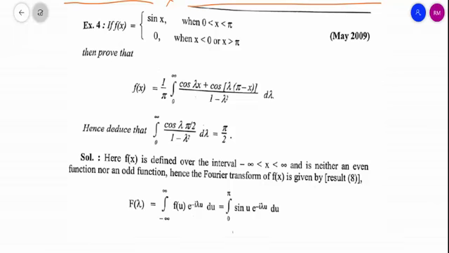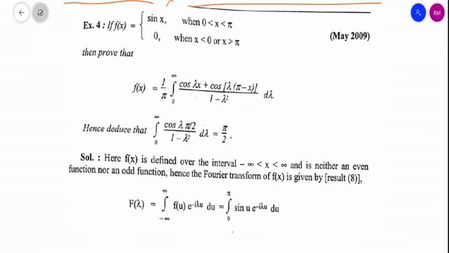Since this function is described on 3 different intervals, before 0 and after pi, this function gives the 0 value. So this function gives a non-zero value, described as sin x, only if x lies between 0 to pi.